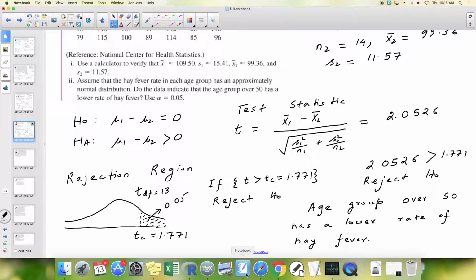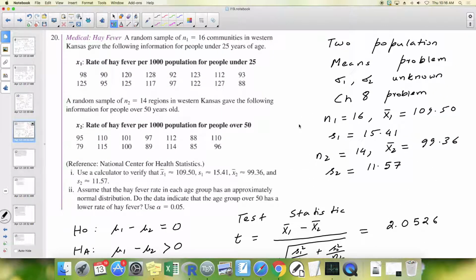That's indeed true. You reject H0, you reject this, that means you accept this, and this tells you that mu2 is smaller than mu1. So mu2 is actually age group over 50. It is a lower rate than age group under 25.